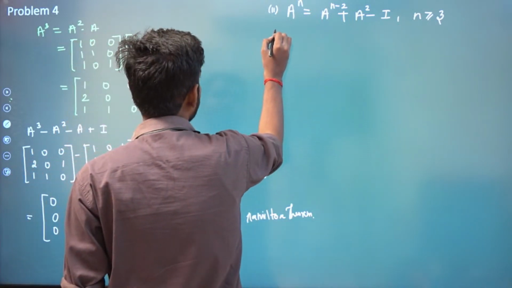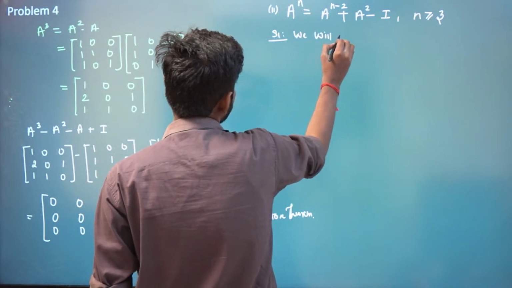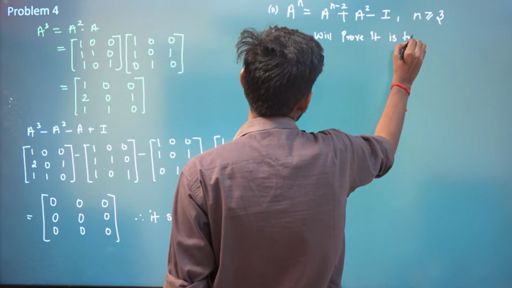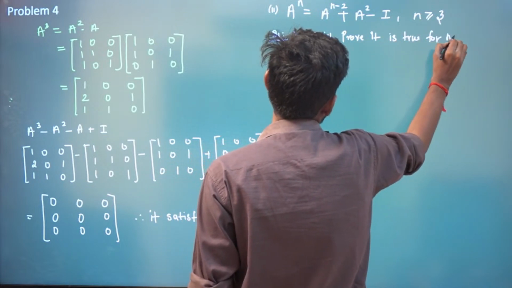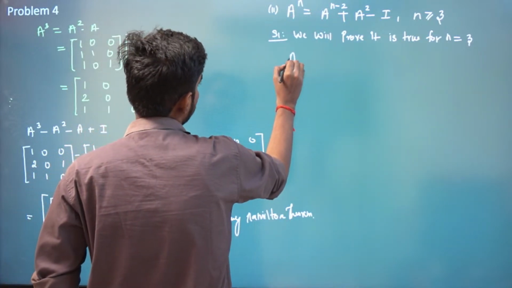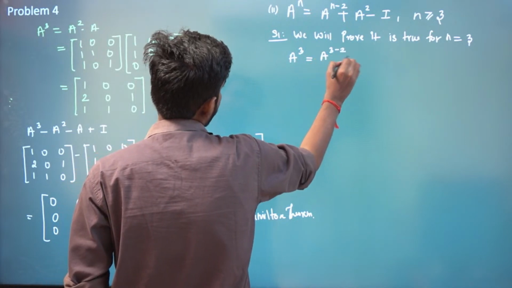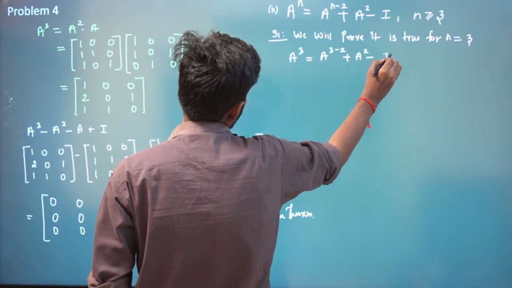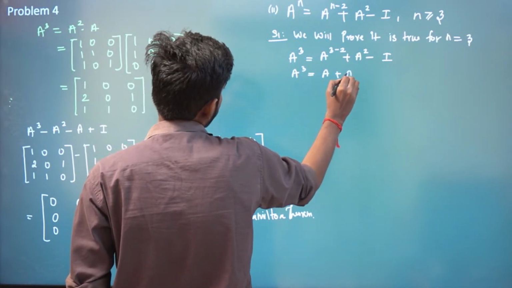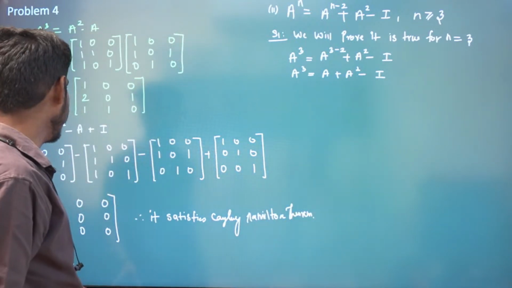So first, step 1, we will prove it is true for n equal to 3, right? That means A cube is equal to A power 3 minus 2 plus A square minus I. So that means A cube is equal to A plus A square minus I, which is true by the Cayley-Hamilton theorem.